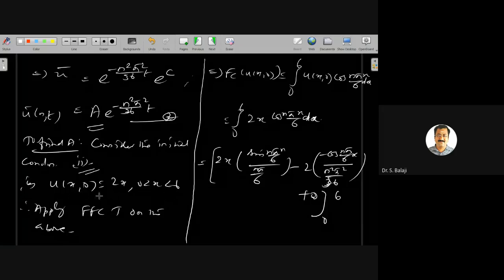So apply finite Fourier cosine transform on this u(x, 0). Can you proceed further? You take finite Fourier cosine transform on the above. Give your answer for u bar of n comma 0.